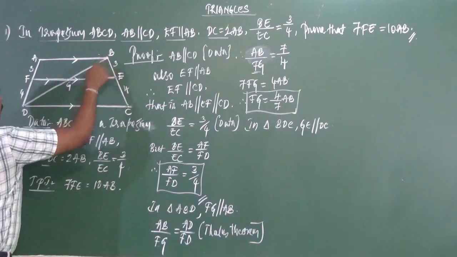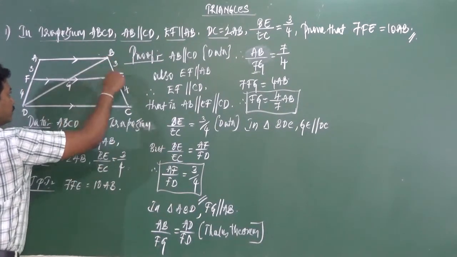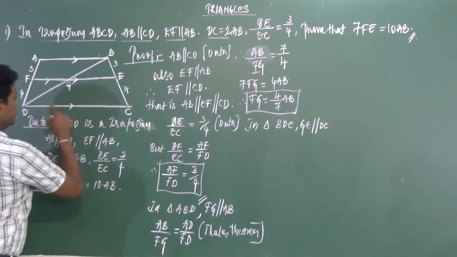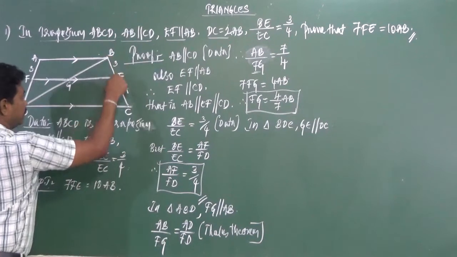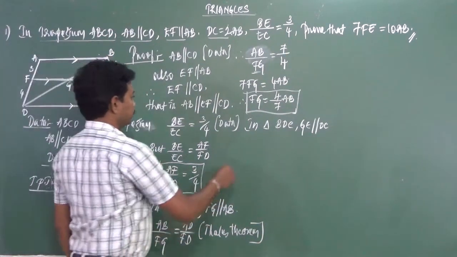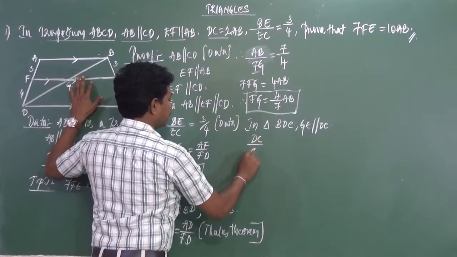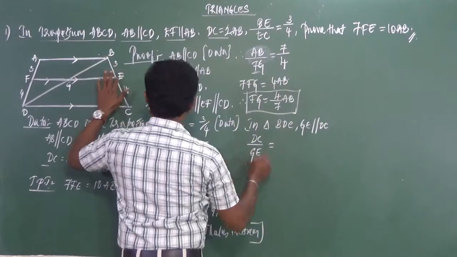And for bigger triangle BDC, I am taking BC, and for the smaller triangle, I am taking BE. So DC by GE is equal to BC by BE.